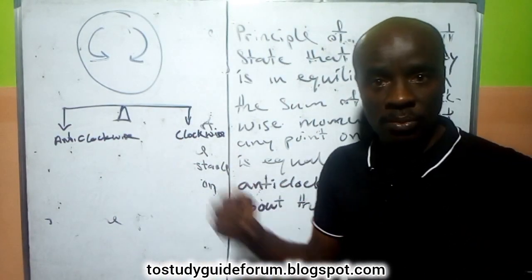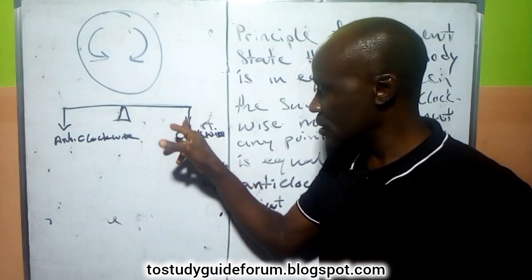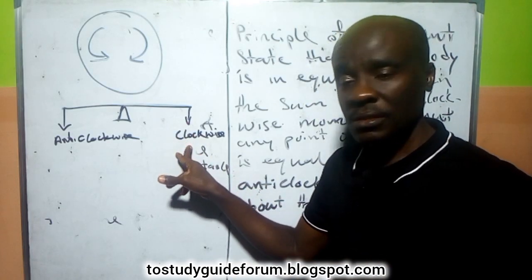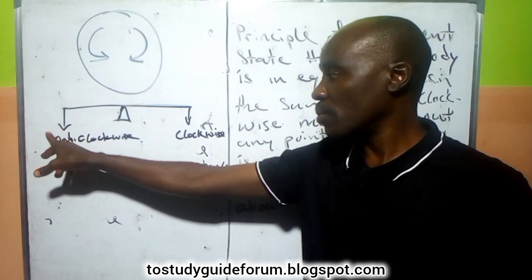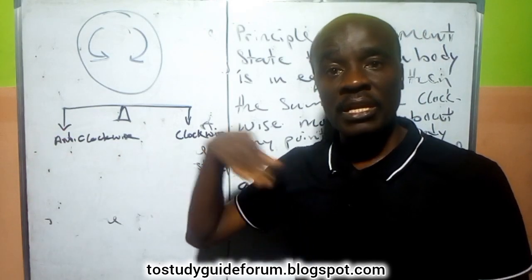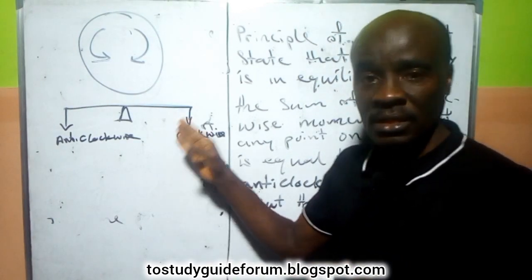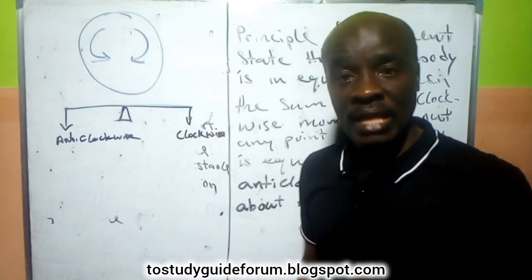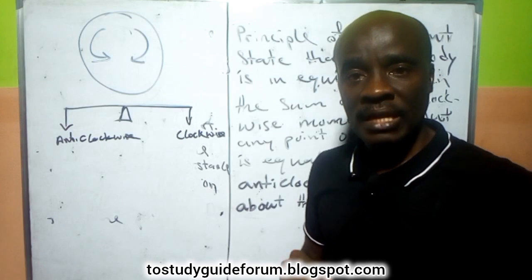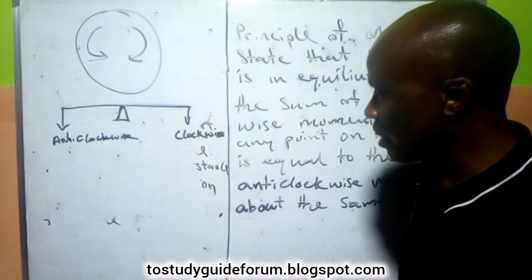For this object to balance, according to the principle of moments, all these clockwise moments have to balance with the anti-clockwise. They must be equal. Once they are equal, the body will balance at any of those points, once they are at equilibrium.